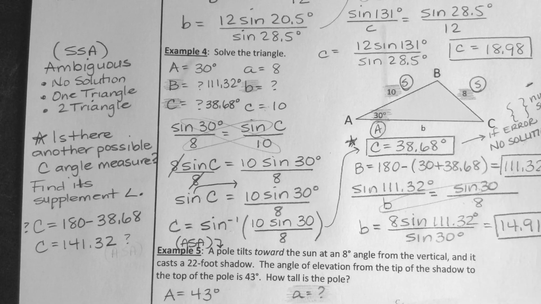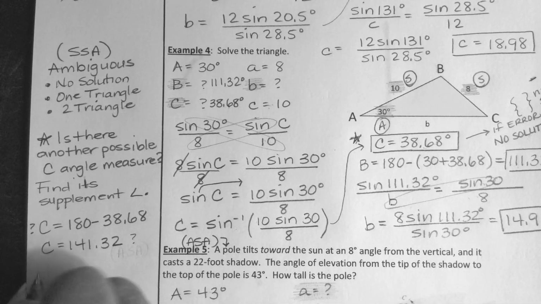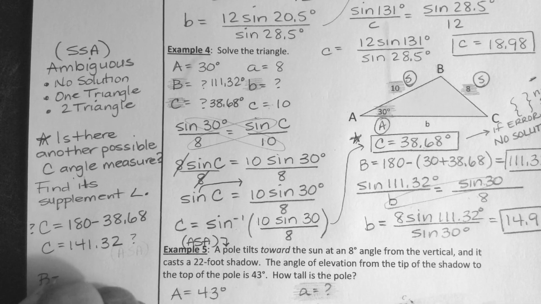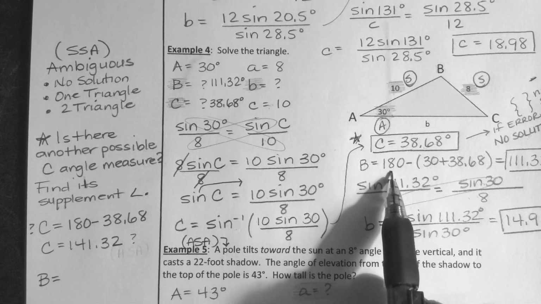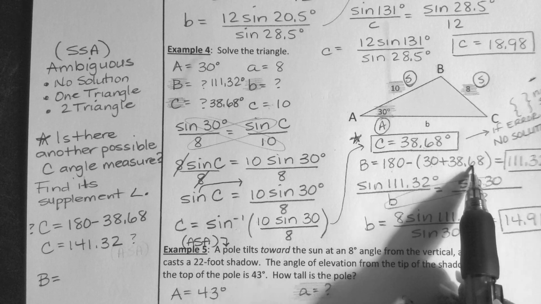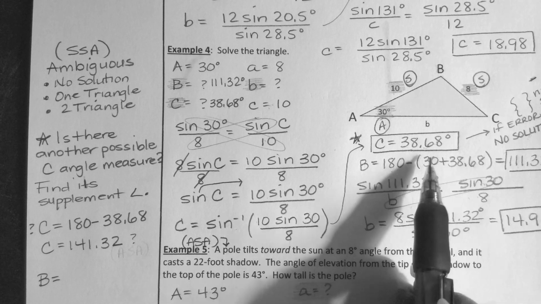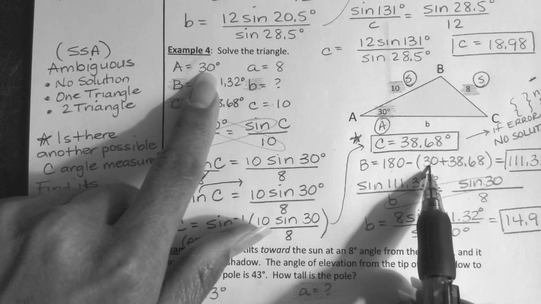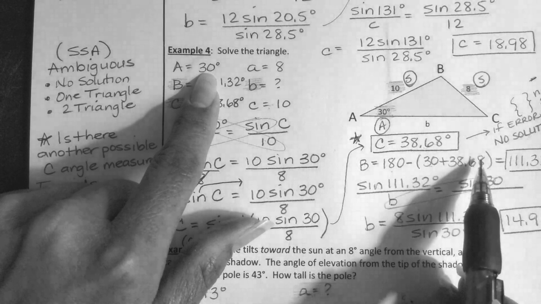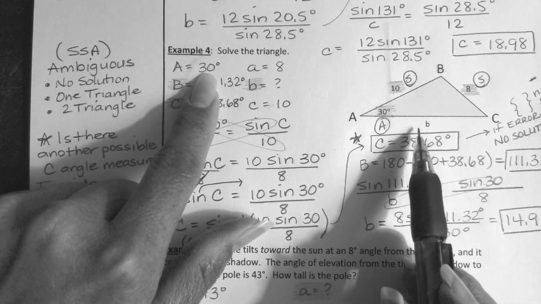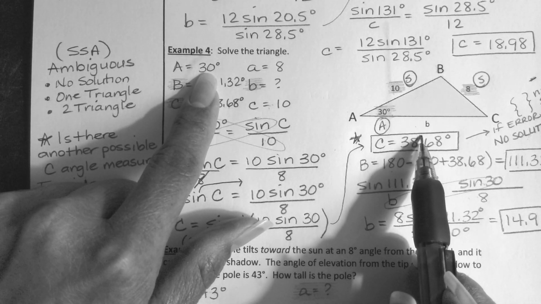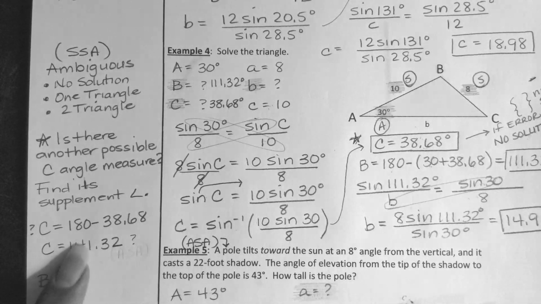Let's see if we can find B. Well, B was found over here by doing 180 minus the sum of 30 plus 38.68, because we had 30 from this angle, and we had to add the 38.68 with this C. But now we're saying our C is this one.